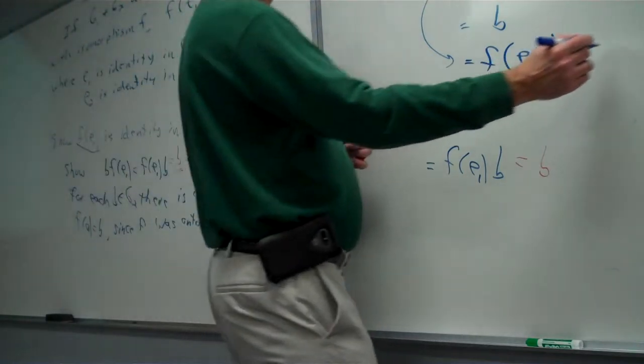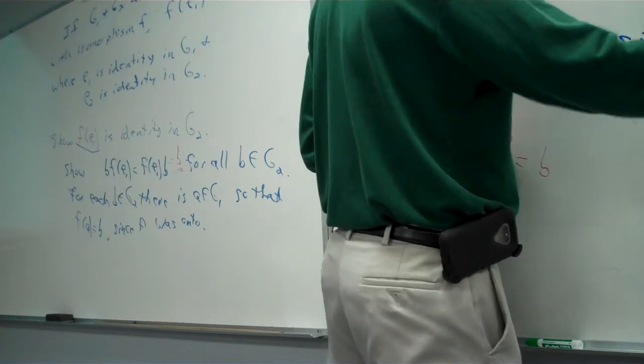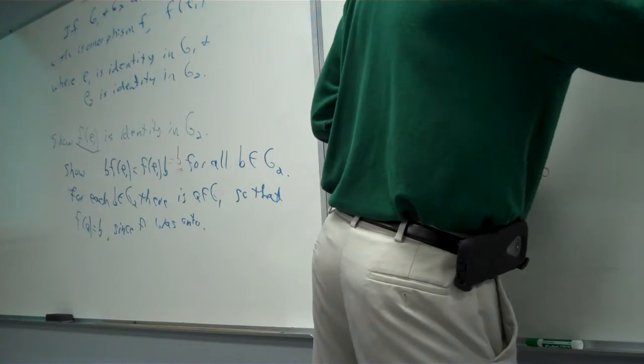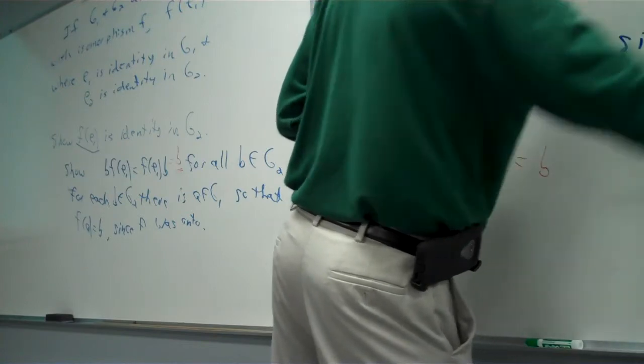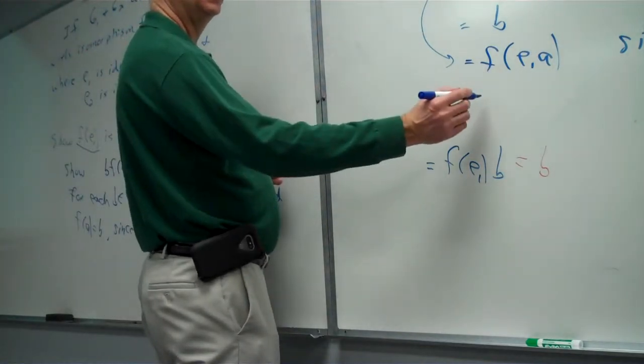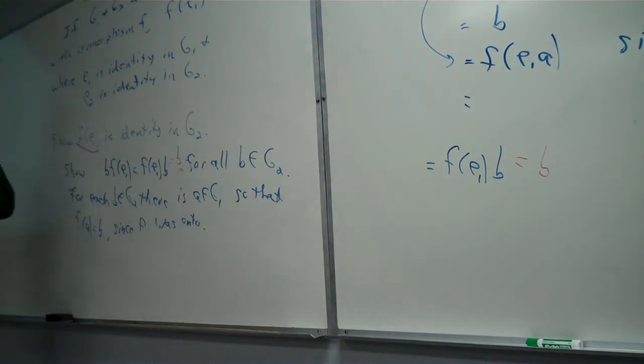So again, since E1 is the identity in G1, and this is then, well, what can I do with that? F of the product. Kind of looking at where I'm heading, I want f of E1. Is there any way I can get f of E1 by itself?